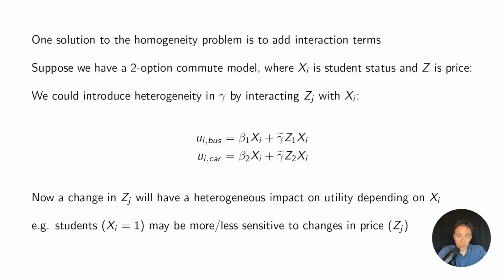So we'll get two different numbers for gamma, and from there we can look at the differing price elasticity of demand for these two transport options.